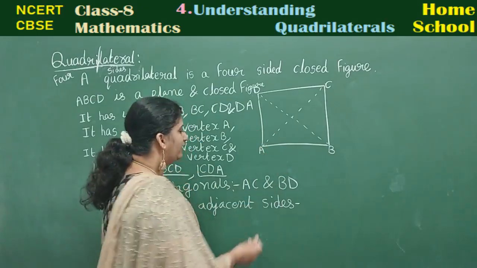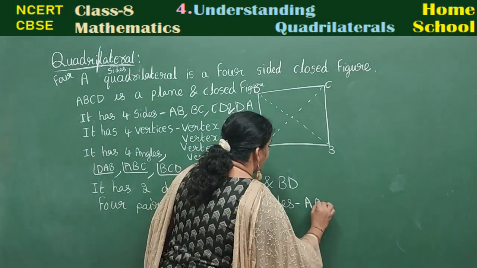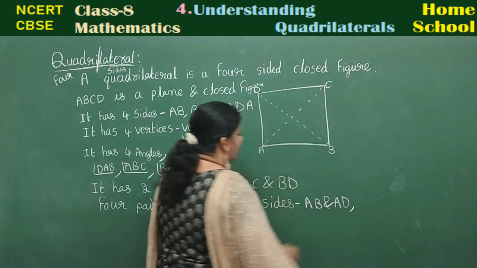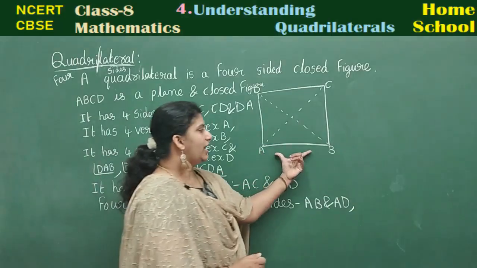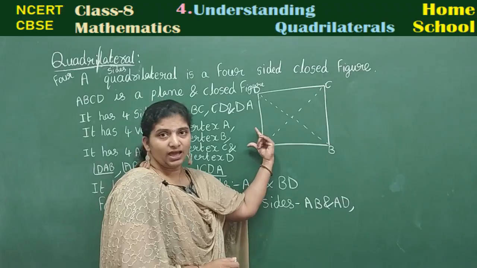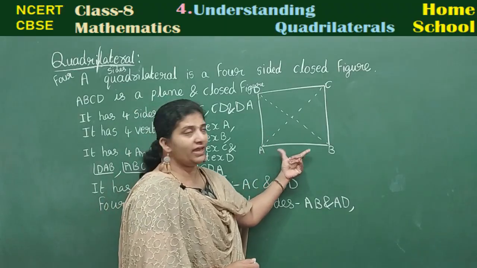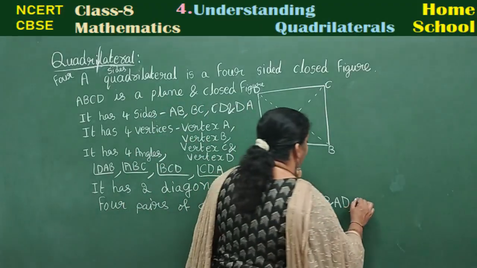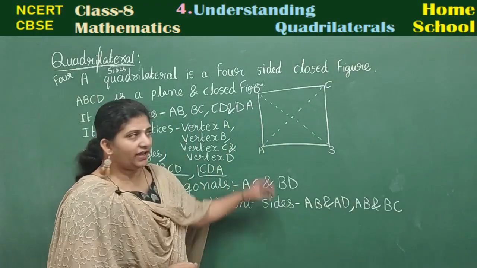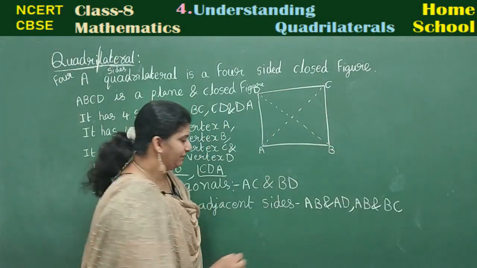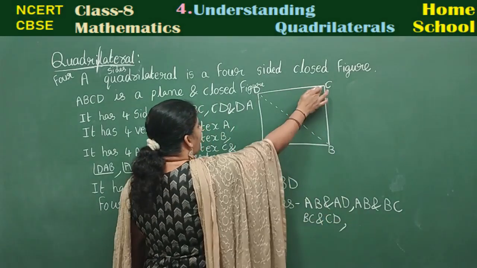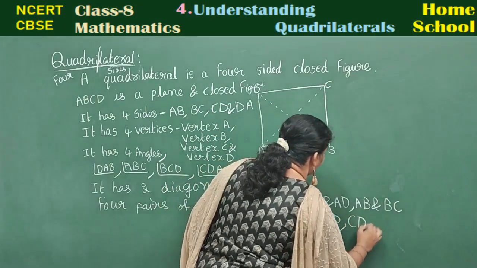So, first pair, let me write it as AB and AD. And the next pair, AB is adjacent to BC. AB and BC. And the third pair, BC and CD. And the fourth pair, CD and DA.